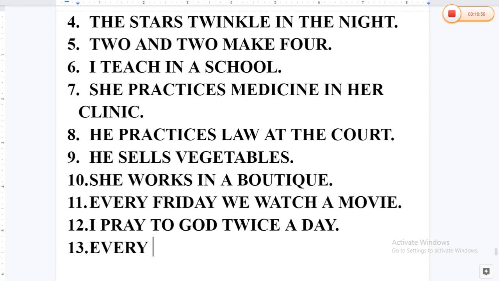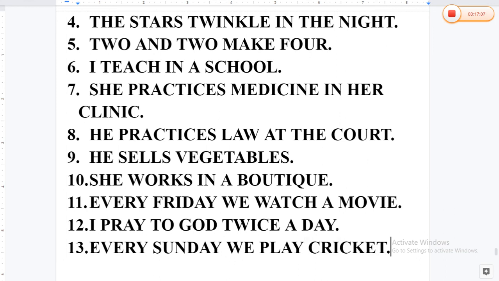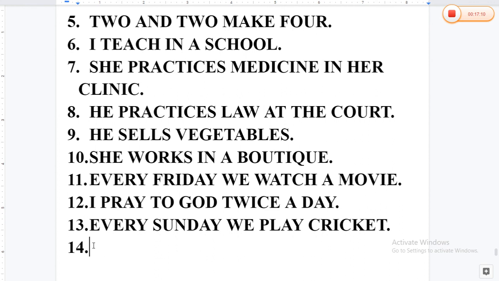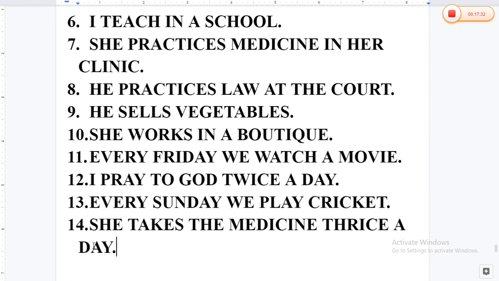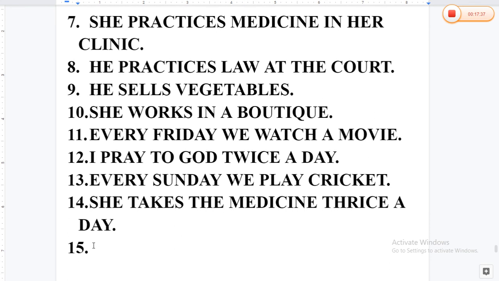Every Sunday we play cricket. She takes the medicine thrice a day. These are examples of frequency, and now see some examples of rate.